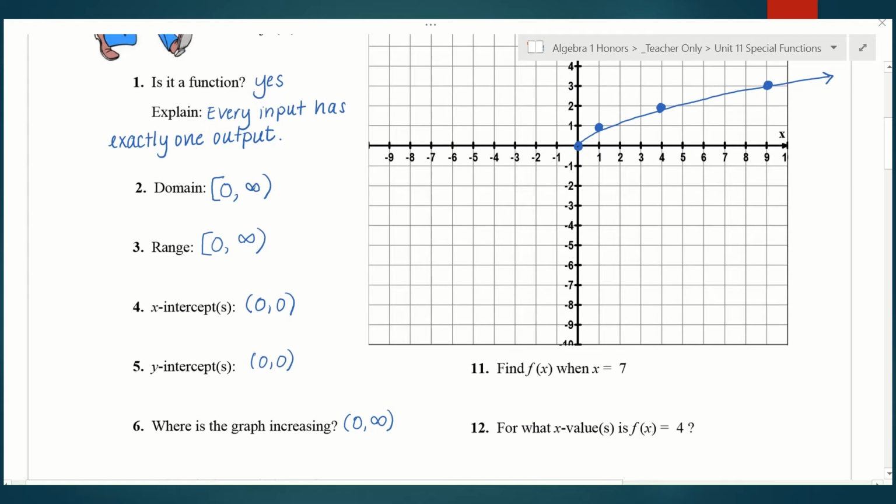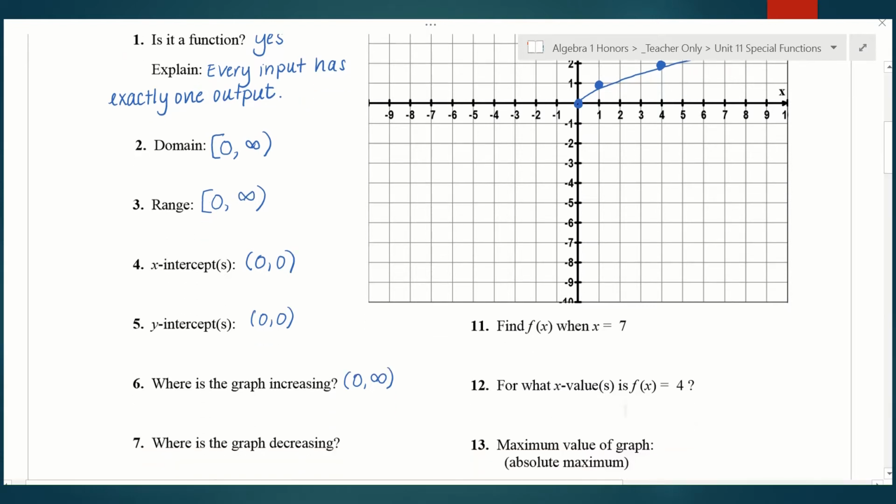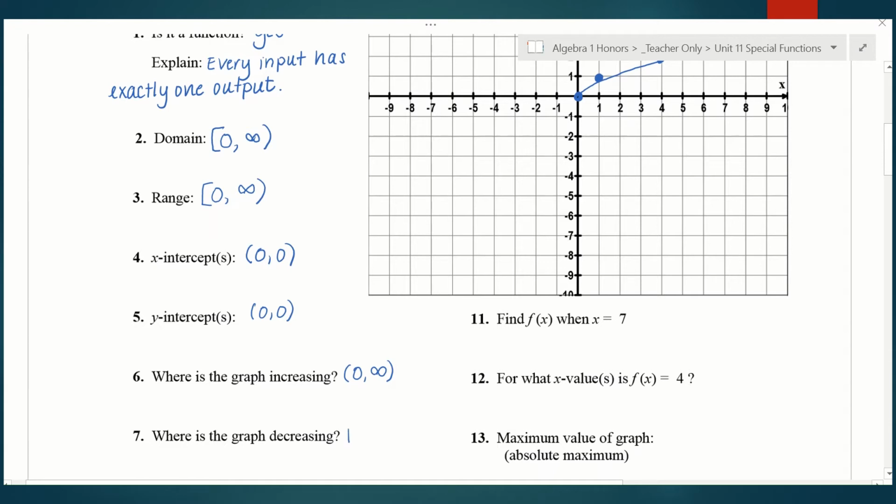Remember, we use the x values when we talk about increasing and decreasing. So when x is 0 until x is infinity, my graph is increasing. We never include the numbers themselves, because it's between those points that it's increasing. So where is it decreasing? We said never.